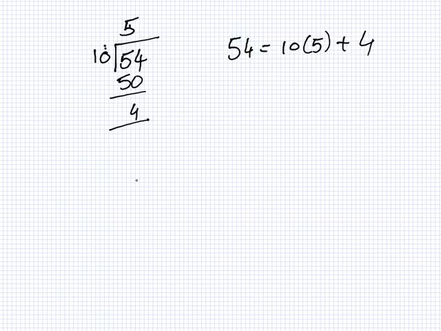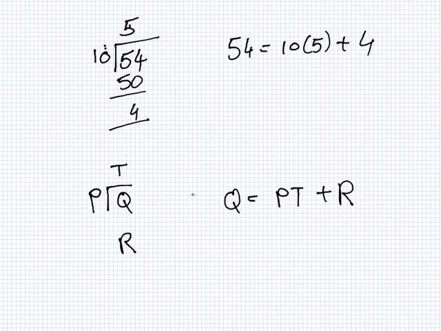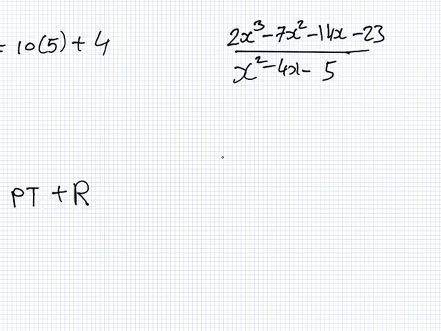So if you have P divided into Q gives you T, and you have remainder R, you can say Q equals P times T plus R. So you can do something similar here.